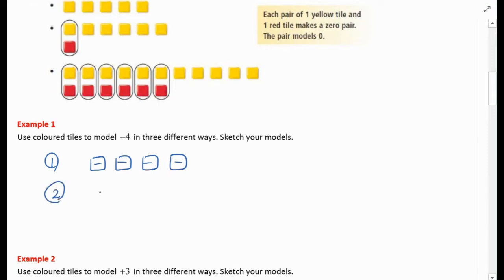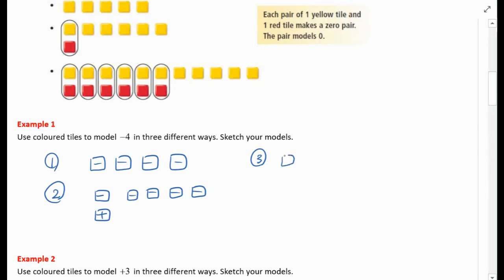And 2. Let's introduce 1 0 pair. And 4 more negative tiles. Then it becomes negative 4. 3. So I want you to try 3. So introduce more 0 pairs and put 4 more negative tiles.